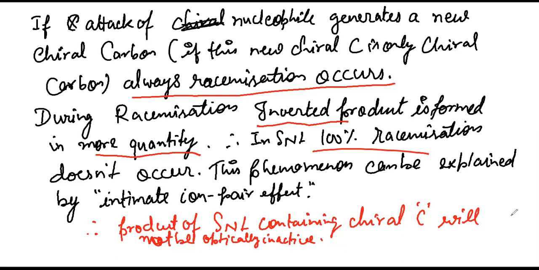Done. Yes, sir. Okay. So one more thing I said, let's say this chiral carbon is the only chiral carbon. What do I mean by this? Let's understand. Let's say if I have this. No. This question will give you the wrong answer.